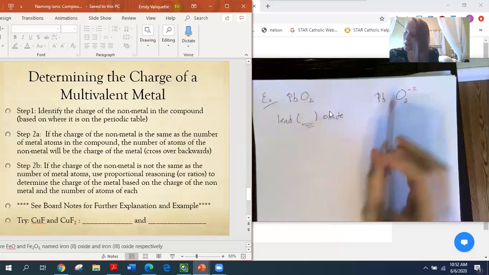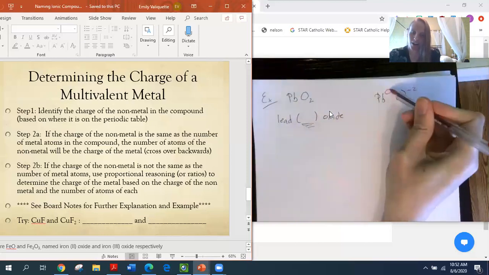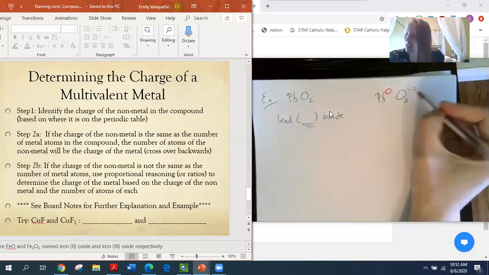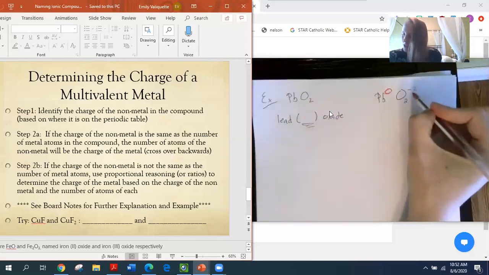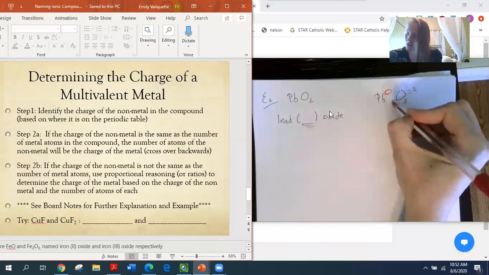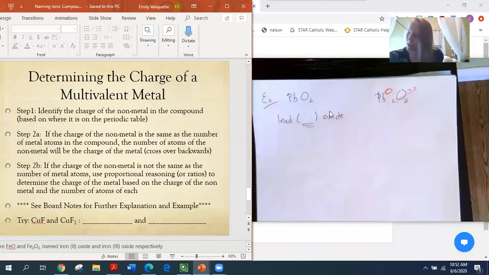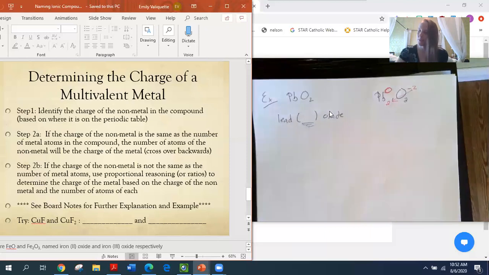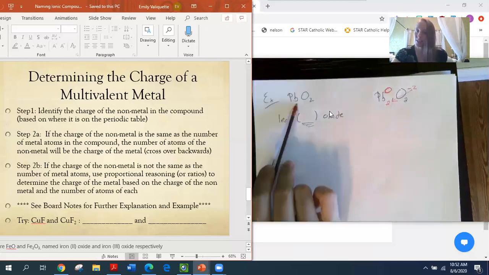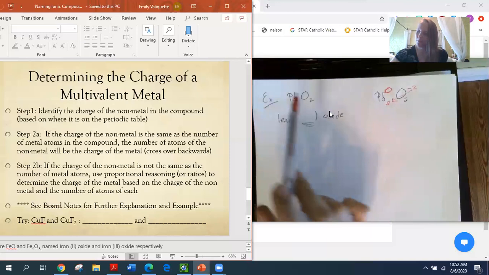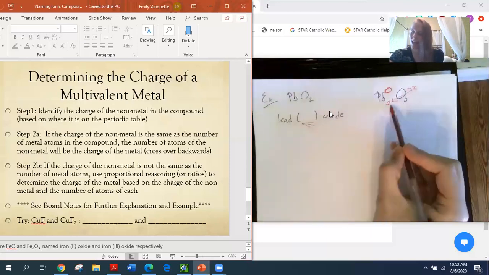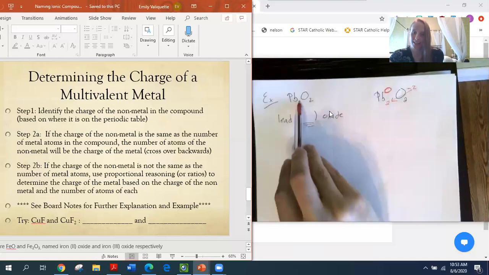I'm trying to figure out what the charge of the lead is. So I'm going to kind of cross over this charge here, the charge that I know, and it should give me a 2 right behind the lead. But you'll see there isn't a 2 there. That means that something canceled out this 2 and left nothing behind.